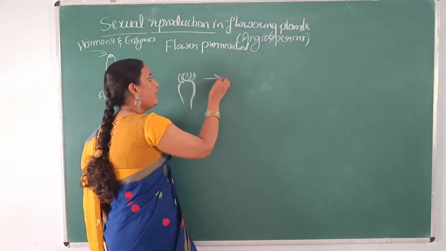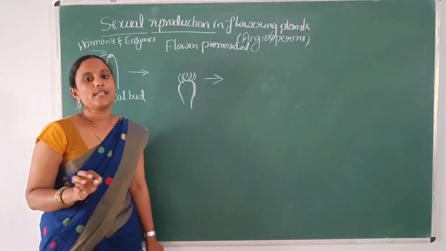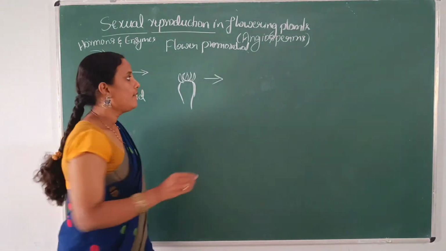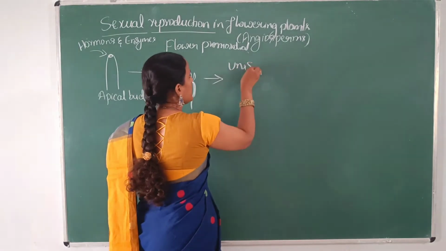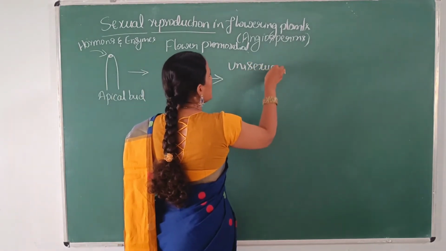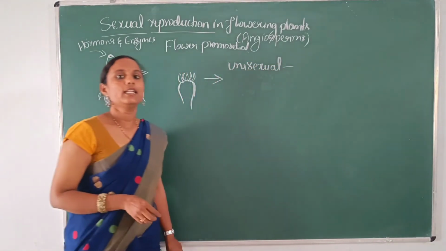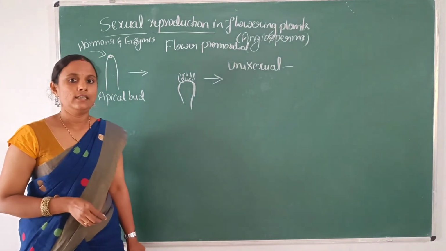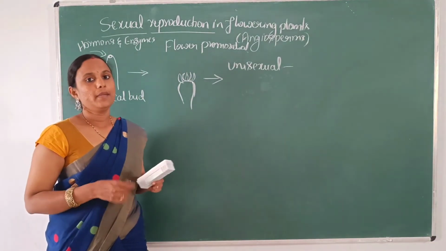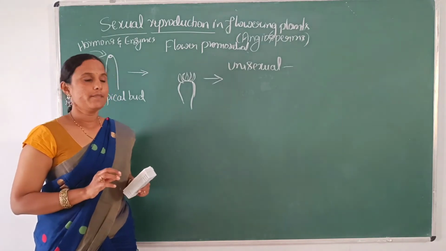And the flowers could be unisexual or bisexual. Unisexual carries either stamen or pistil. Male reproductive part may be there or female reproductive part may be there.